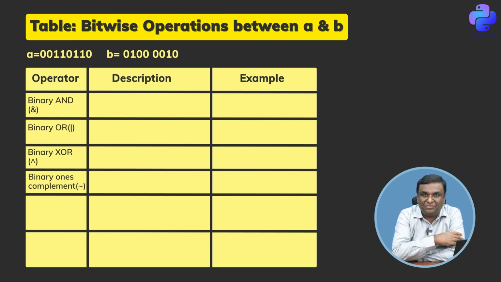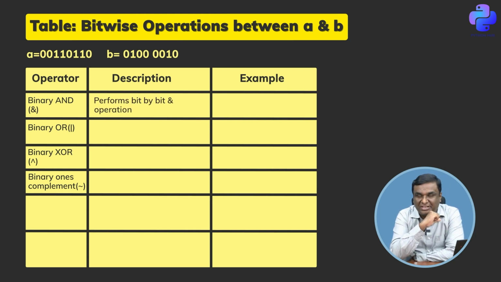Binary AND, which is usually represented with the help of ampersand, performs a bit by bit AND operation. That is, if you're asking for A ampersand B, we consider the value of A as 54 and B as 66.